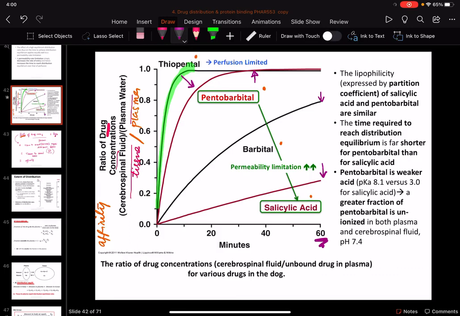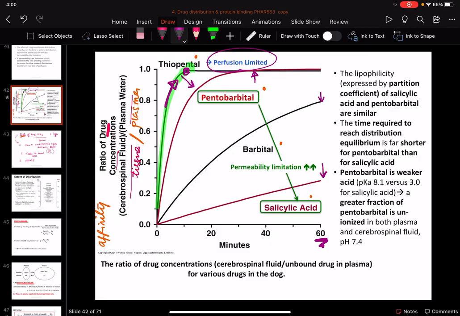Thiopental is perfusion limited because there's no resistance or rate limiting of the permeability of the drug. That's why we reached the plateau directly, and it was fast if we are talking about time.